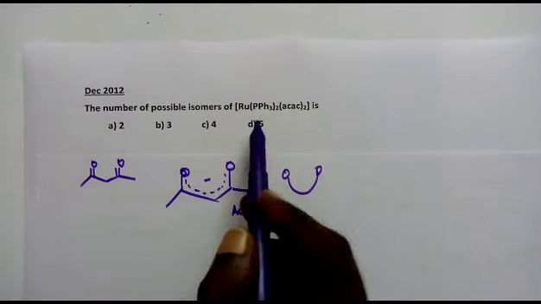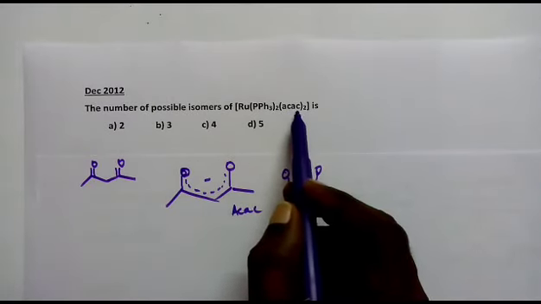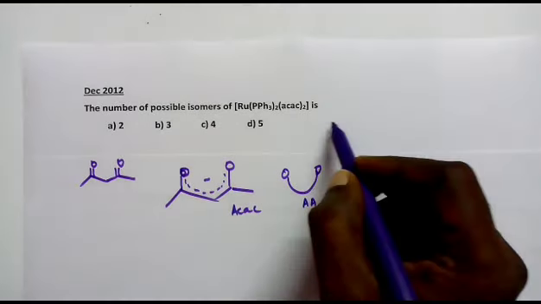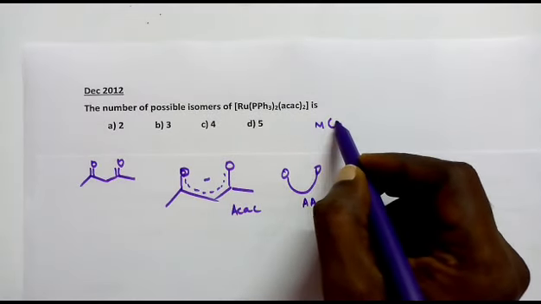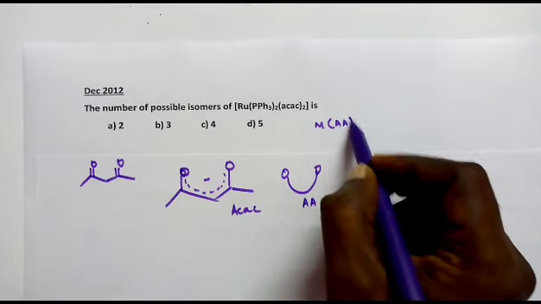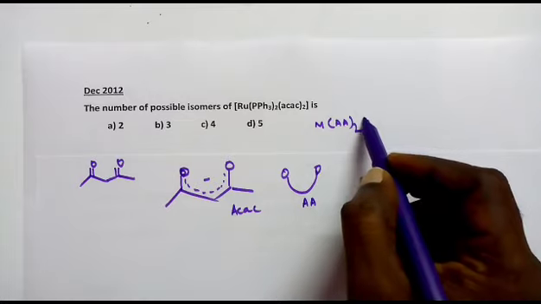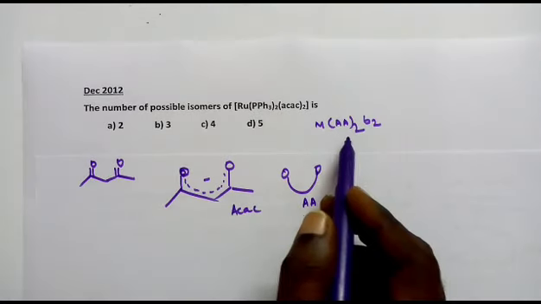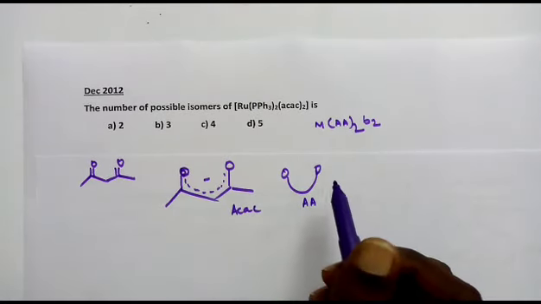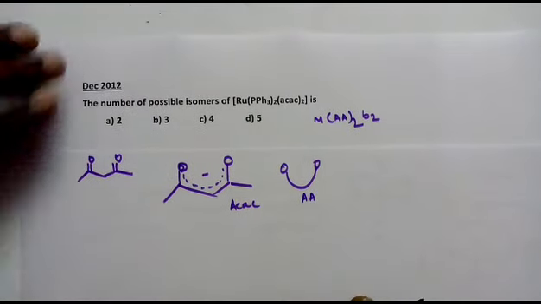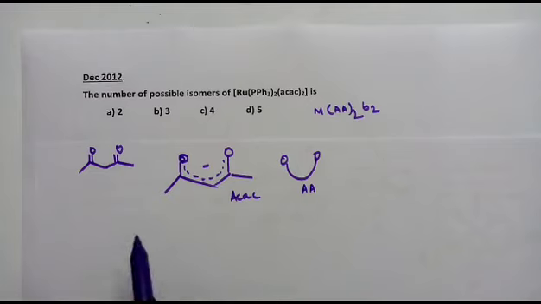So look at this complex. You have a symmetric bidentate ligand, that means AA type. M AA twice. Here triphenylphosphine 2, that means B2. MAA twice, B2 type. The number of possible isomers: I hope you have studied MAA twice, B2. How many isomers?